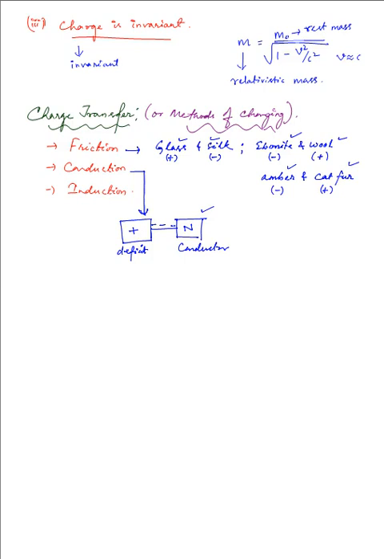In case of conduction, the aim is always to achieve that equilibrium, that is, to level up the charges in both those objects. So it will keep on transferring the electrons right up to the point where this body and the previous neutral body both have an equal amount of charge.